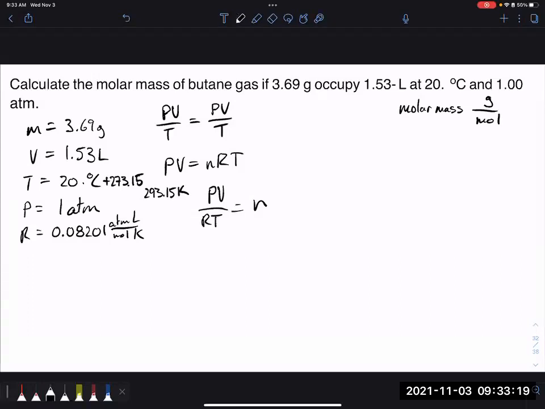So pressure is 1, volume is 1.53, divide by 0.08201. And then temperature 293.15.